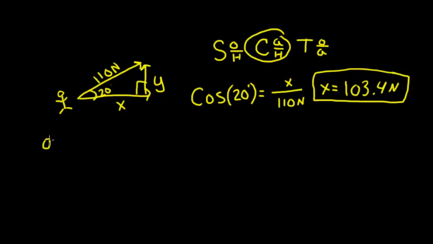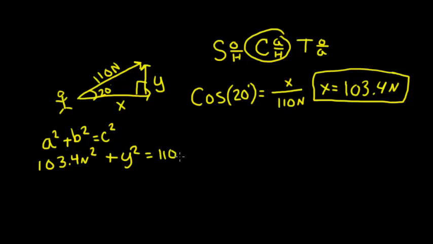So Pythagorean theorem states a squared plus b squared equals c squared. We'll make x a, so now we know that that's 103.4 newtons squared, plus y is our b, y squared equals 110 newtons squared.